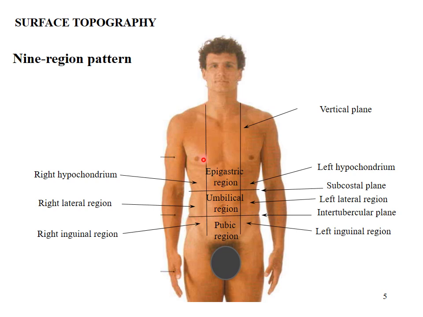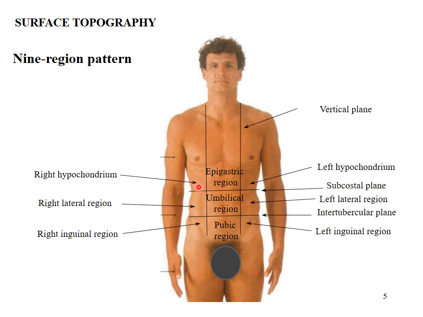The vertical planes are median. The vertical plane passes through the midpoint of the clavicle or the midpoint between the superior anterior iliac spine and pubic symphysis. And these 4 planes divide the anterior, anterolateral, abdominal wall into the 9 regions.